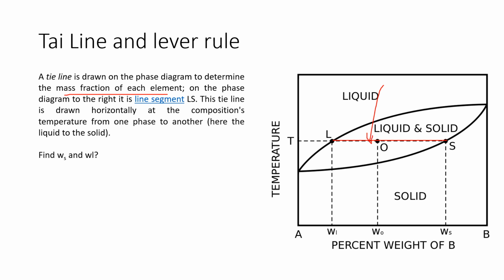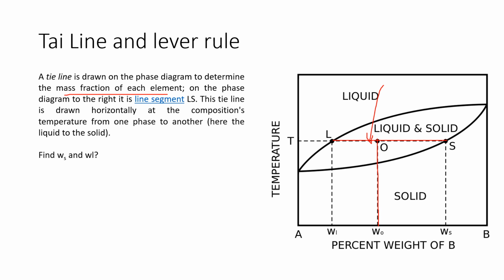A tie line is drawn horizontally from the known composition of the element, like O is the known composition of the element, which is WO, weight of O. Sometimes it is represented by CO, composition of the element.